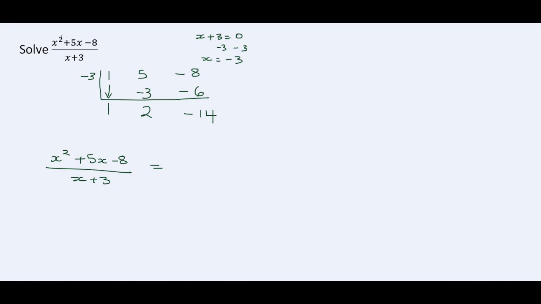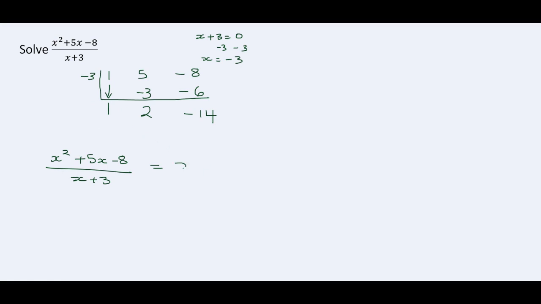So if our degree of the polynomial is 3, our result is going to be a degree of 2. So you always have a lower degree than the original polynomial you have. So in this case, our degree is 2. So our solution is going to be a degree of 1.